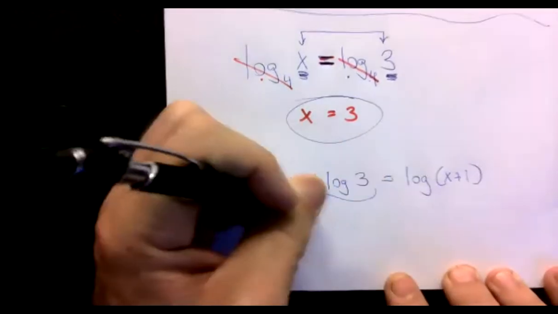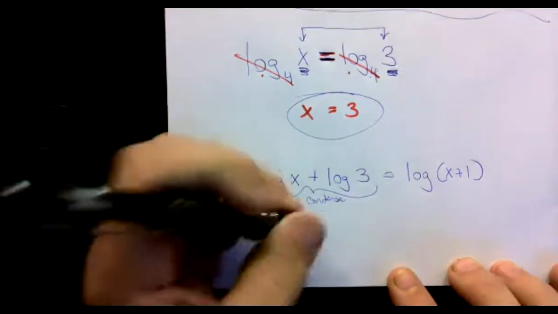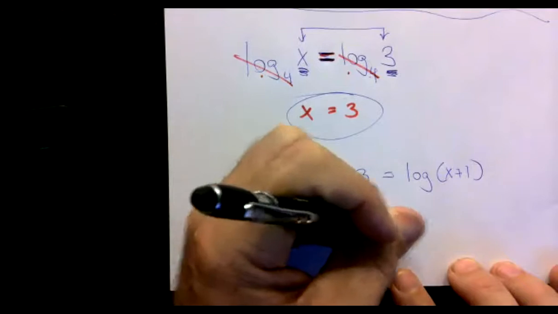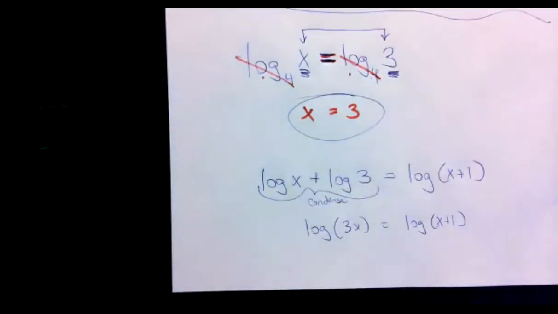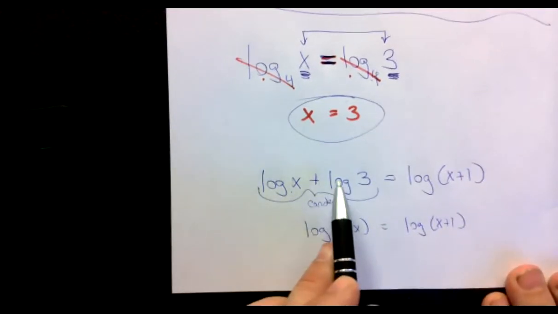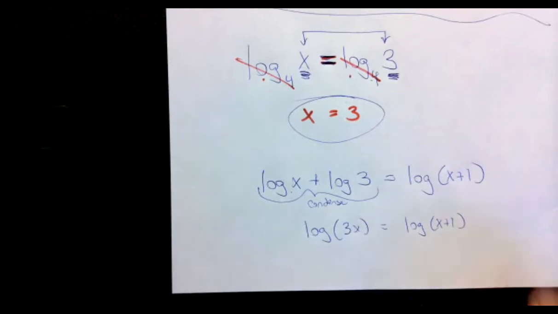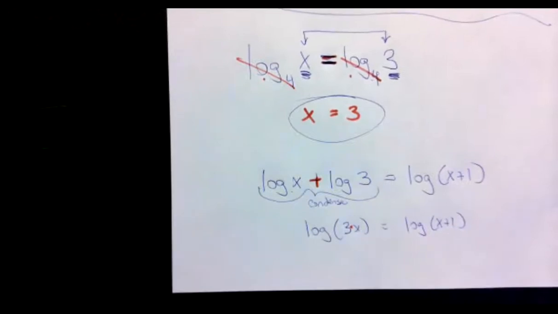So we're going to condense this using our properties. Remember, addition we can simply rewrite as a product. So the log of x plus the log of 3 is simply the log of 3 times x. Again, addition becomes multiplication.